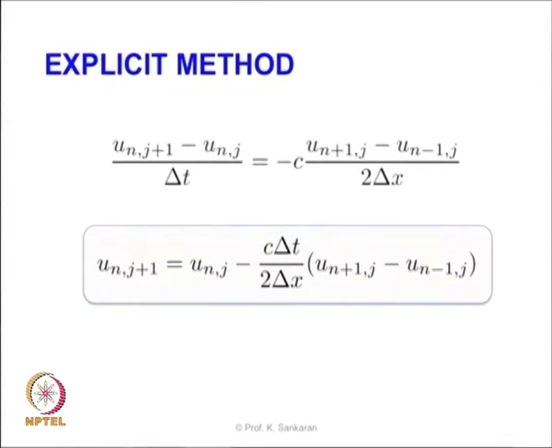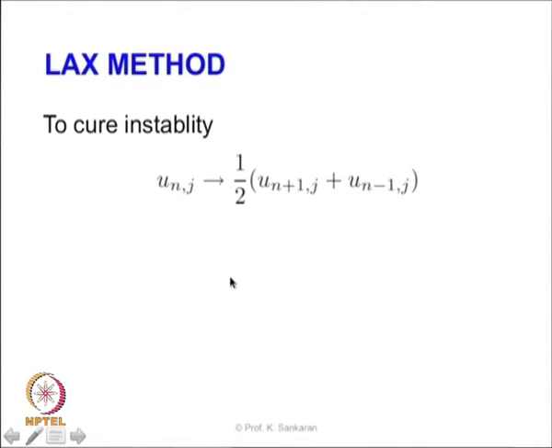So now with this background, we are going to go into the Lax method. The Lax method is a clever way of fixing this problem. Instead of having the value u of n comma j, we are going to substitute the average of the values, taking the values at time step j, but n plus 1 and n minus 1.